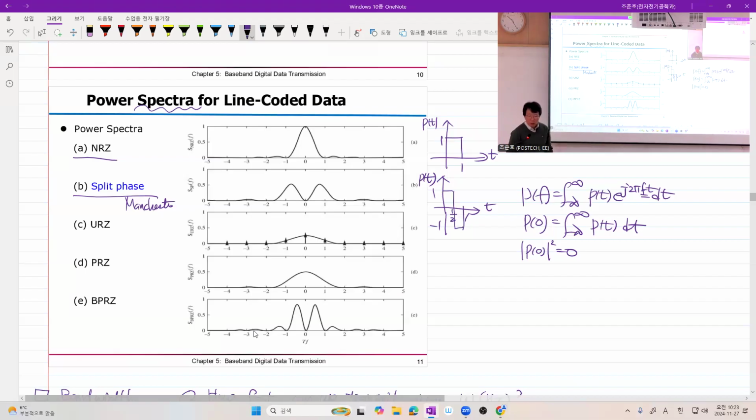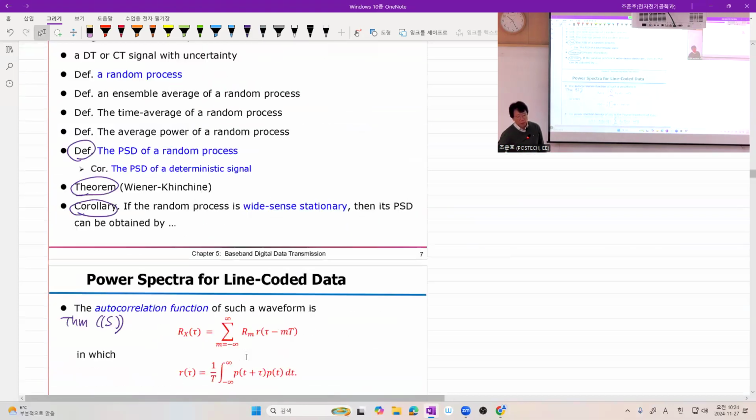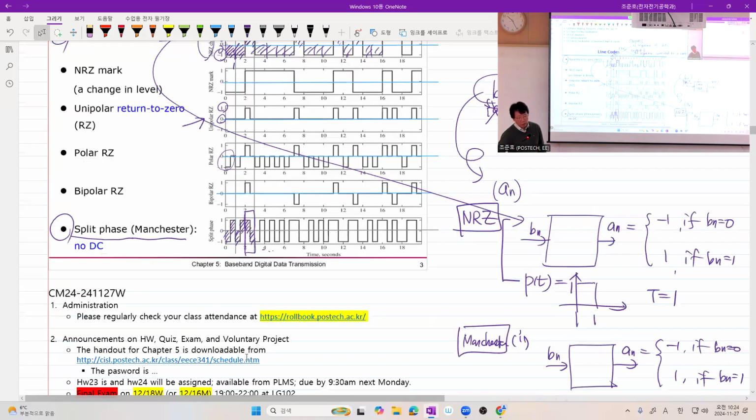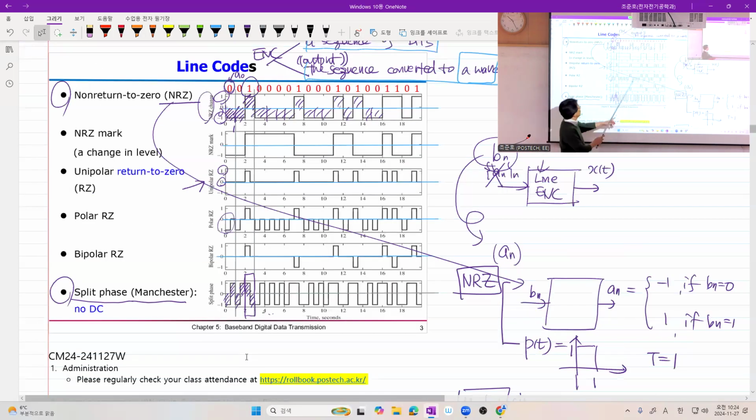What is the benefit of apparently wasting our valuable bandwidth? In time domain, Manchester code may have much better property, like it allows self-synchronization at every midpoint because it provides rising edge or falling edge at every midpoint of each interval, right?